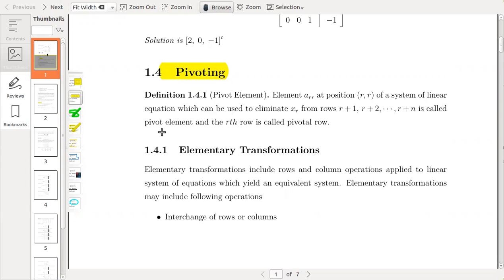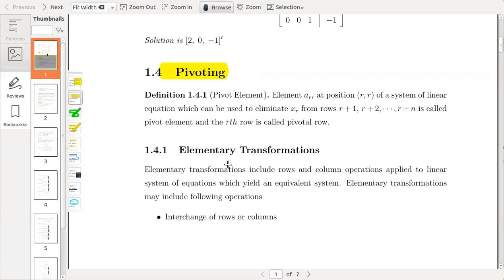It is called the pivot element, and the rth row is called the pivotal row. So it means if the first diagonal element of the matrix is not equal to 0, we will look for a non-zero element in the same column but below this diagonal element. Actually, this non-zero diagonal element is called the pivot element.